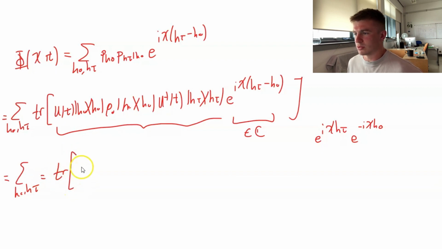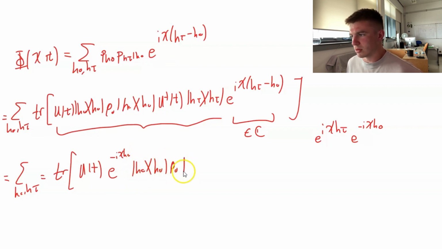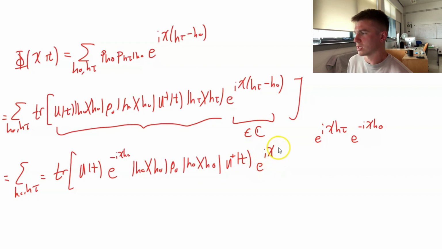So we've got U(t), and then I'm going to put the e^{−iχH_0} here. And then notice that all these other objects need to stay in the same order because they don't necessarily commute. And I will put the other part of the exponential here.